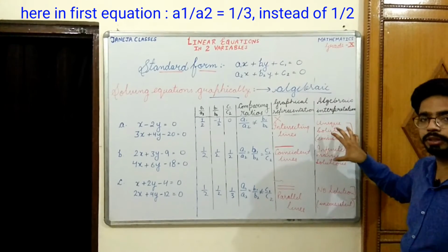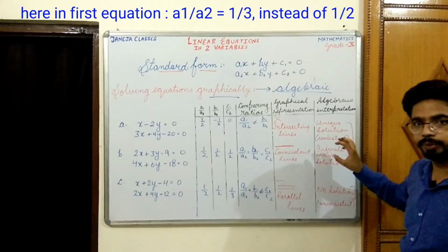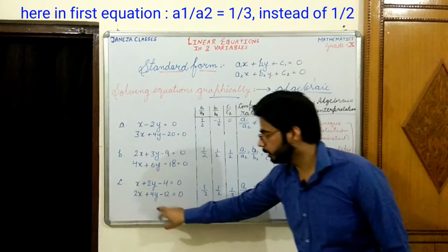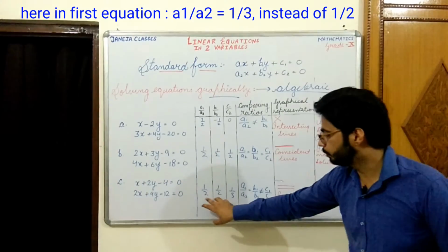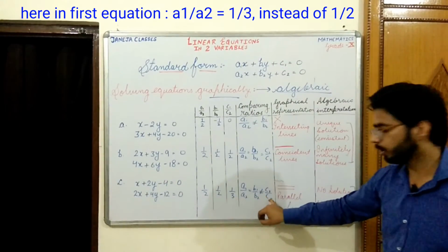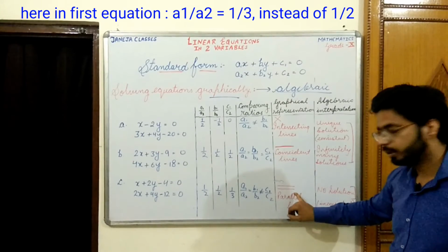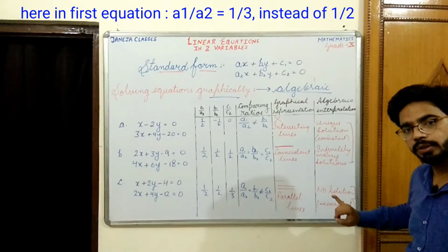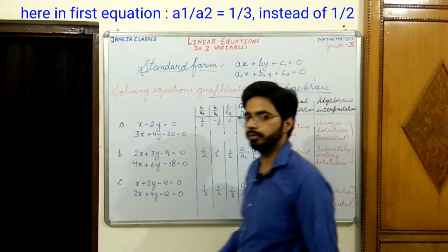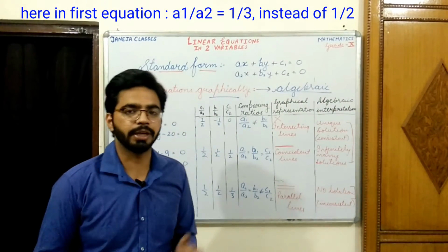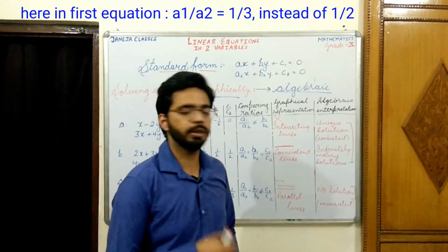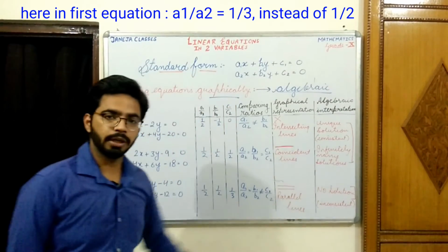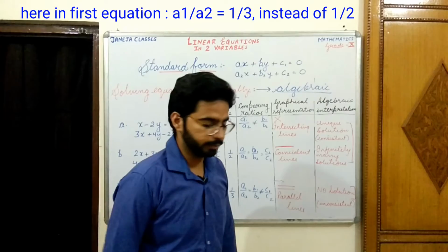That's why both are known as a consistent pair of linear equations. And in the third, the first two ratios are equal and the third one is not equal. Here the lines are parallel, and after that it equals no solution. We will not be able to find any solution if the lines are not intersecting, if there is no common solution. So that's it. Now we will proceed to the next topic.